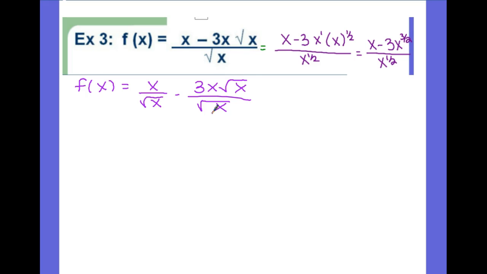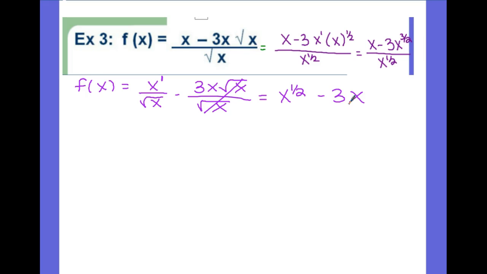So the square roots on the right cancel, and then this, exactly, so you have 1 and then you have square root on the bottom, so you subtract your powers and they have like bases, so 1 minus a half would leave me with a half, so I get x to the 1 half minus 3x.